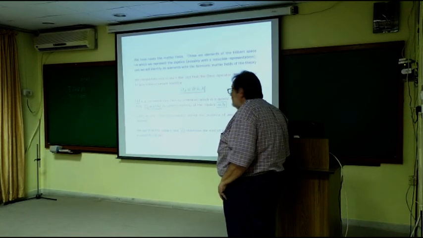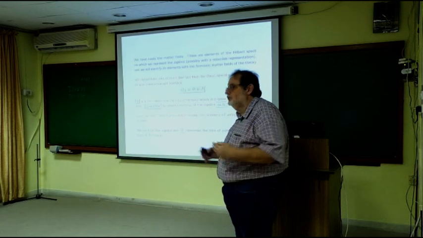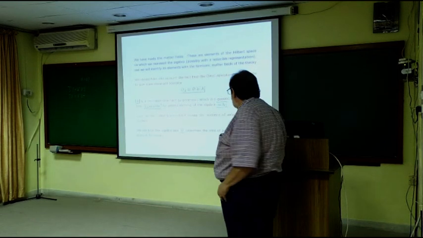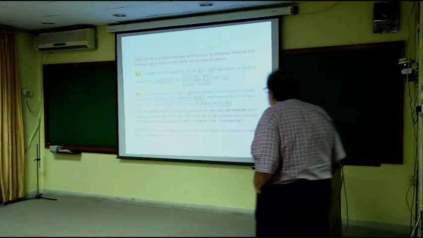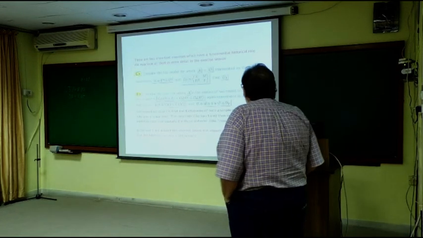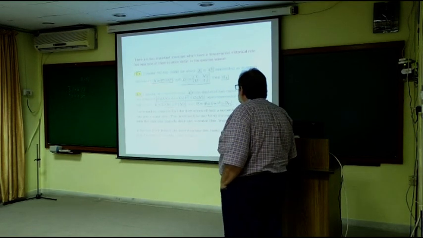So the algebra gives you the space-time, but also gives you the gauge potential. There are two important exercises. We'll do them if we have time. They have a historical role. Now, what happened was the following.